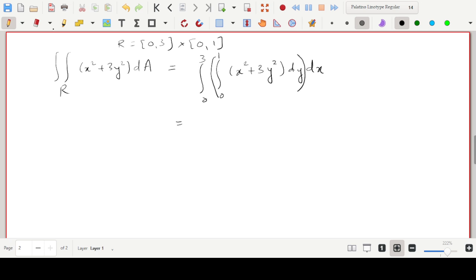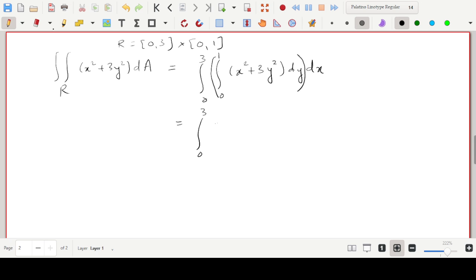We need not bother about this 0 to 3 and dx. That will come into play afterwards. Now, as I remarked earlier, while integrating with respect to y, x should be treated as a constant. So this is as good as a constant plus 3y square, with respect to y. The integral of a constant with respect to y is ky.